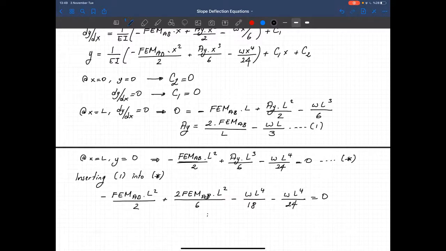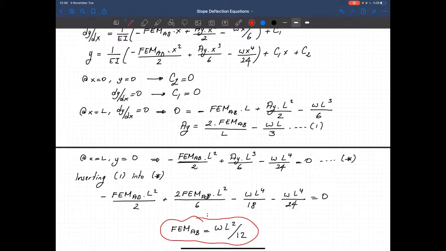And when you solve that or simplify it, we obtain our fixed moment AB as equal to W L squared divided by 12.